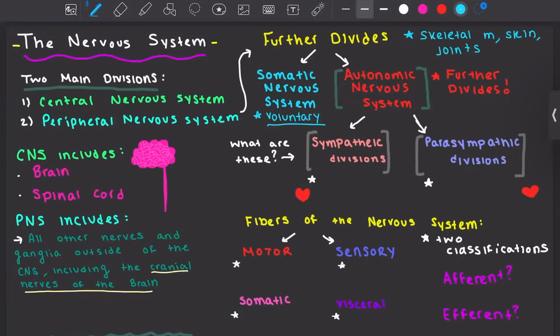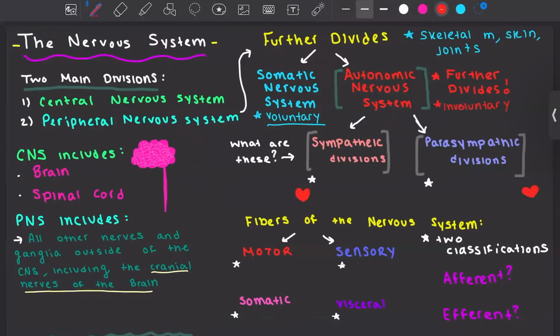So if you're going to do a squat at the gym, you are consciously thinking, okay, I'm about to do a squat. So your brain is sending signals to your quads to contract and any other muscles that are involved within that movement. So the autonomic nervous system, look, if you see auto meaning like self, it's doing it itself. This is going to be the involuntary side of things.